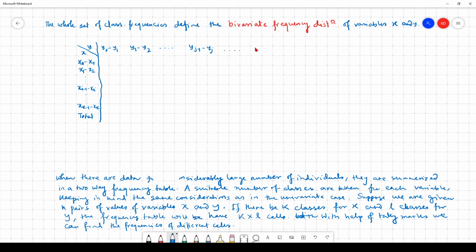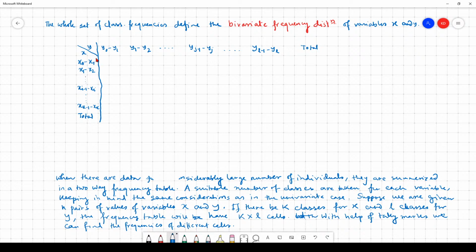And lastly, this is the L class, yL minus 1 is the lower class limit and yL is the upper. And this is the marginal total corresponding to x.